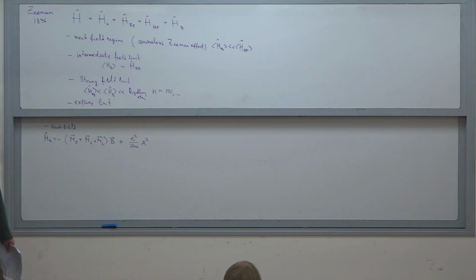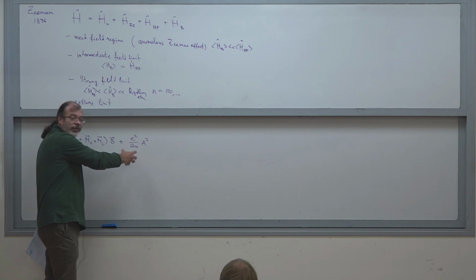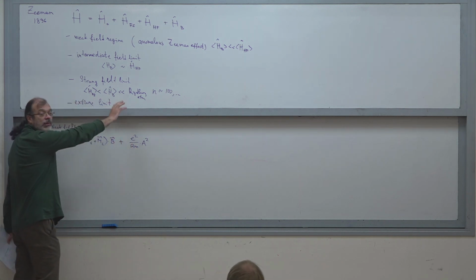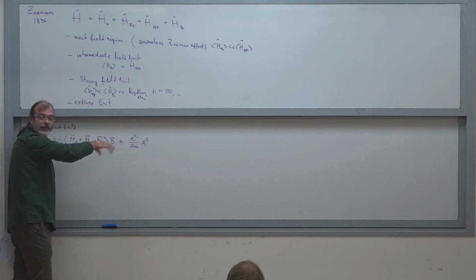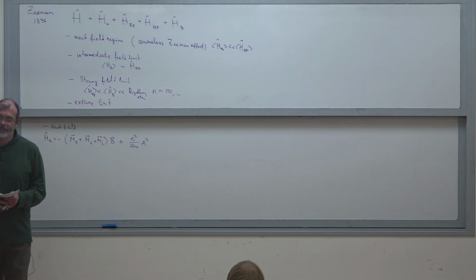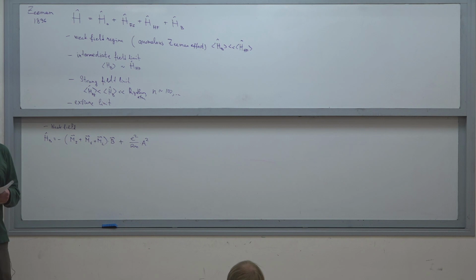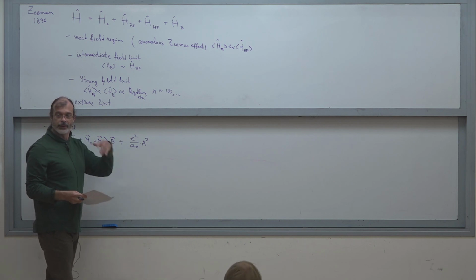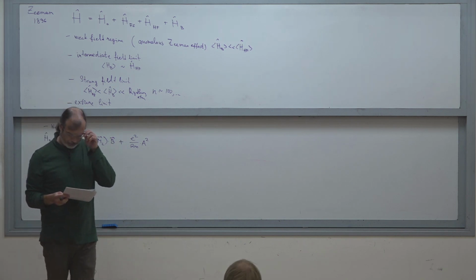This quadratic term is usually very small, so it does not work that much until you hit the extreme limit. We will see it start to work for a very strong magnetic field. For weak magnetic fields, it can be neglected. It's usually a very small correction.